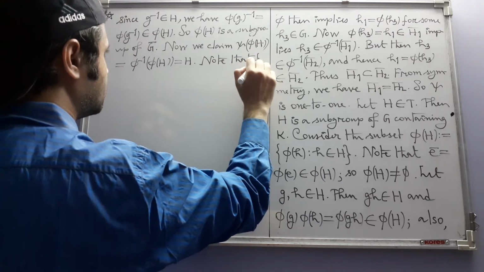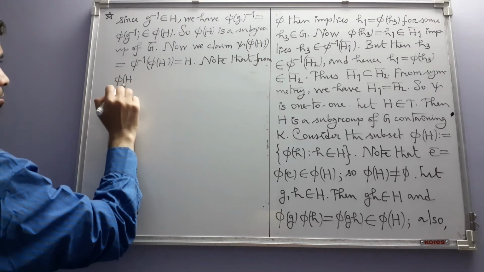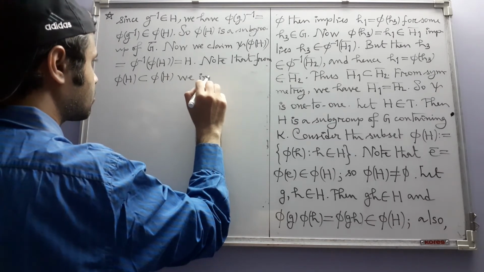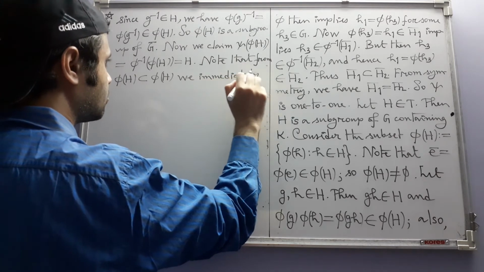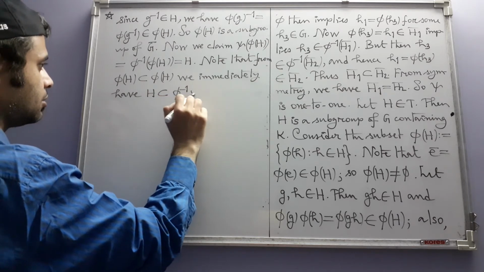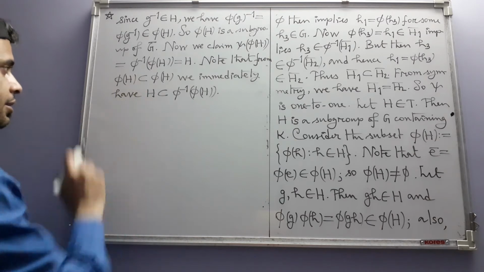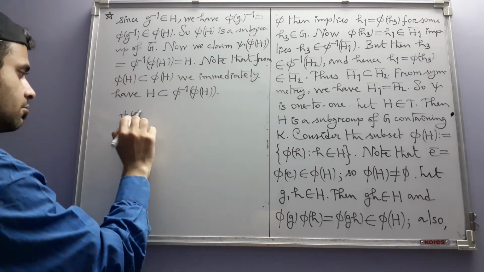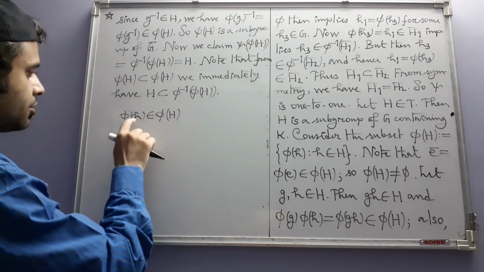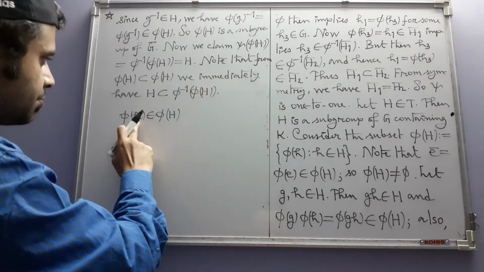Note that from this containment, we immediately have H a subset of phi inverse of phi of H. Because if you take any element here, that element will look like this, and this definitely belongs to phi of H, because h belongs to H, and this just simply says by the definition of this set that h must belong to this set.